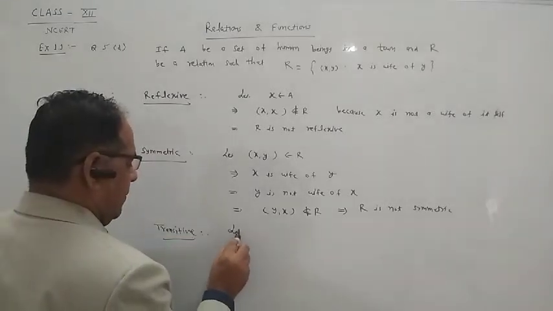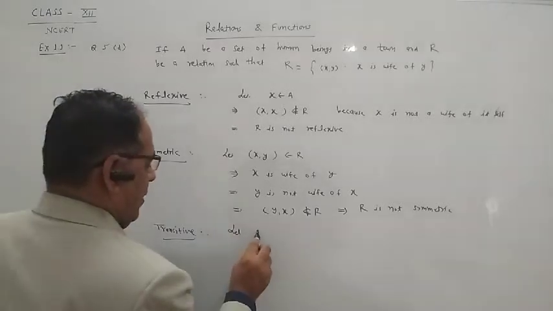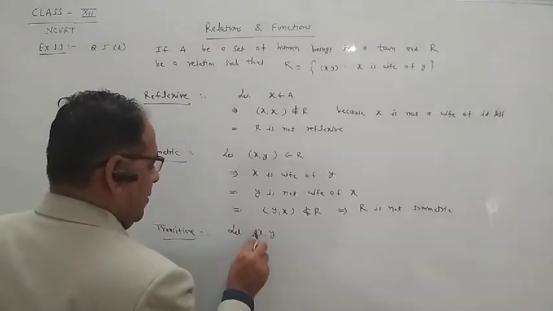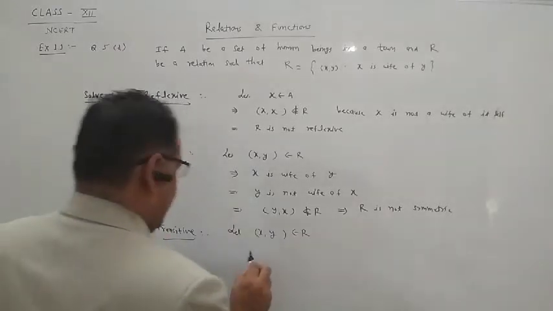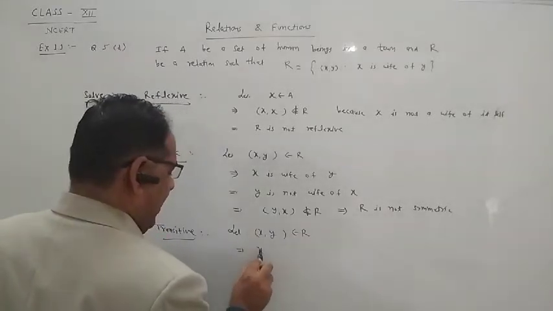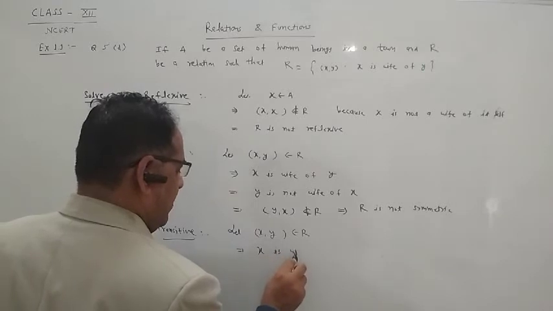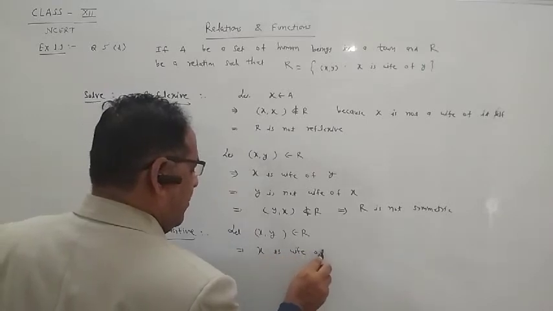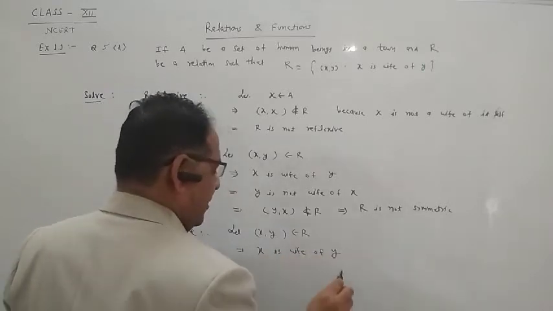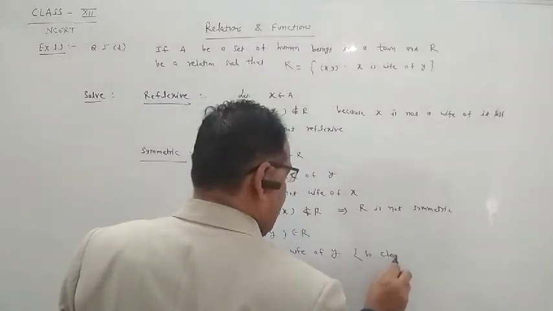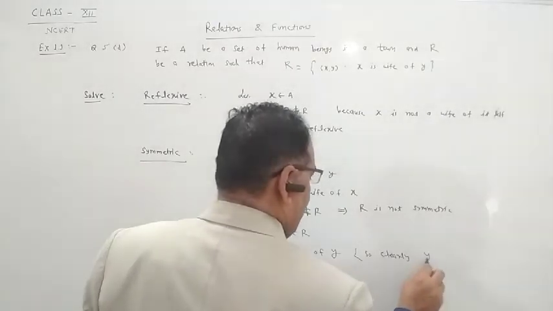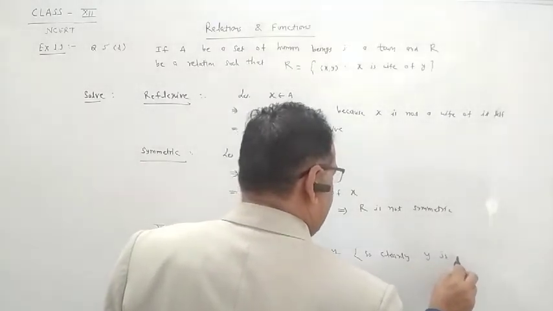Transitive. Let (x, y) belong to R. This implies that x is the wife of y. So clearly y is male.